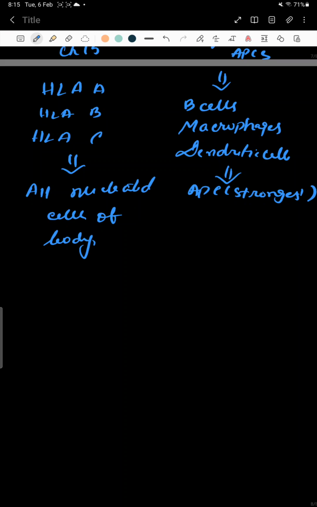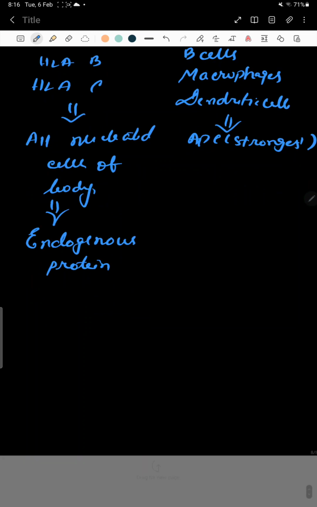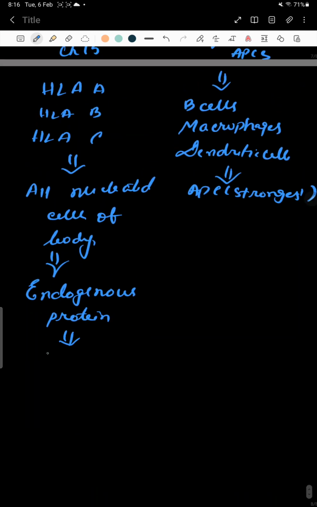Endogenous proteins means the protein is itself synthesized within the cell.